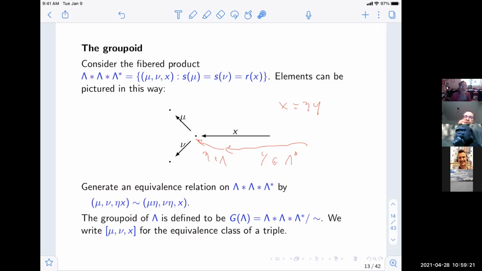Can I ask one more question? Sure. It's maybe too general. It's a question about properties of this functor associating a C-star algebra with every groupoid.